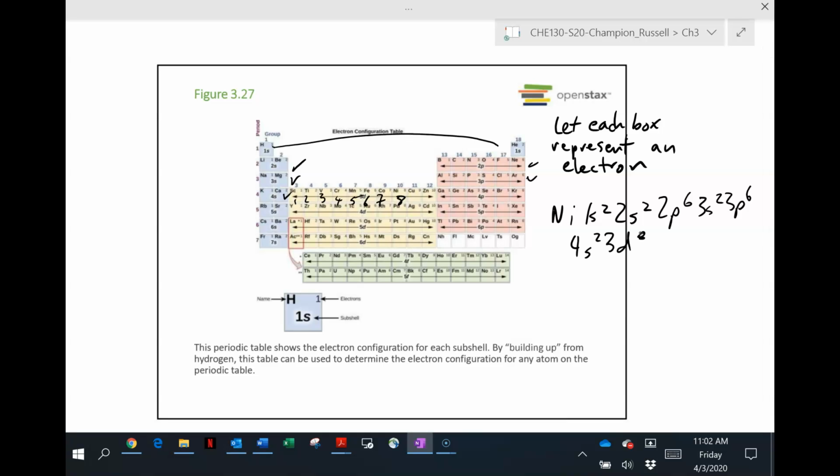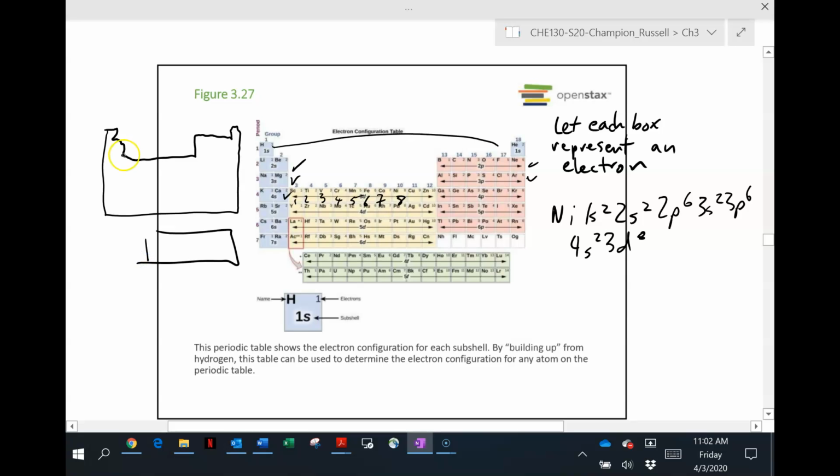And, you know, again, in broad strokes, the periodic table is divided into these regions where we're filling the S's over here, we're filling the P's here, helium here goes with the S's there, we're filling the D's here, we're filling the F's here.